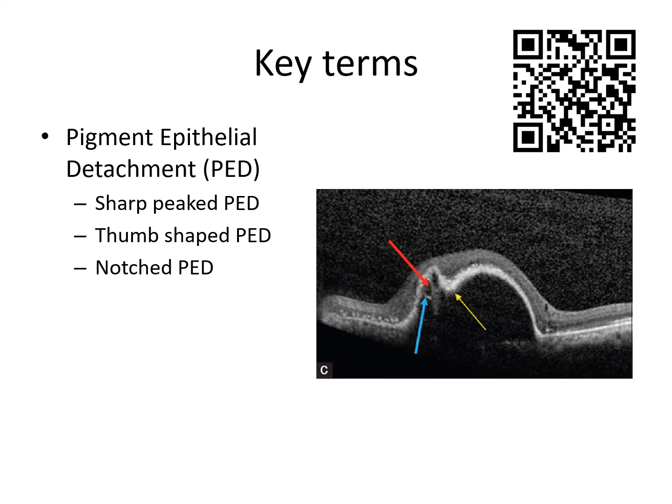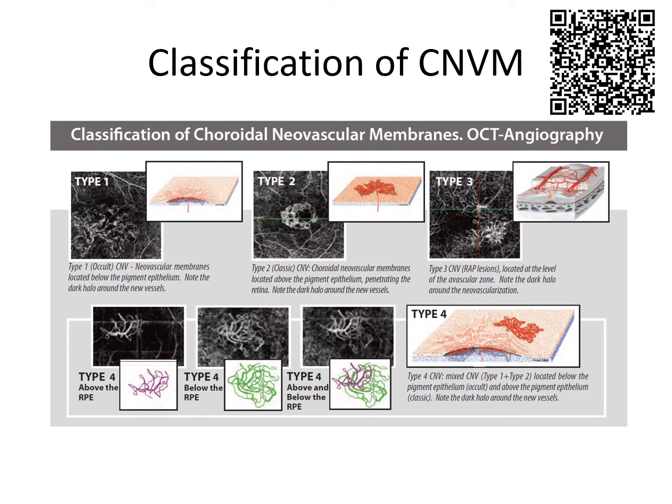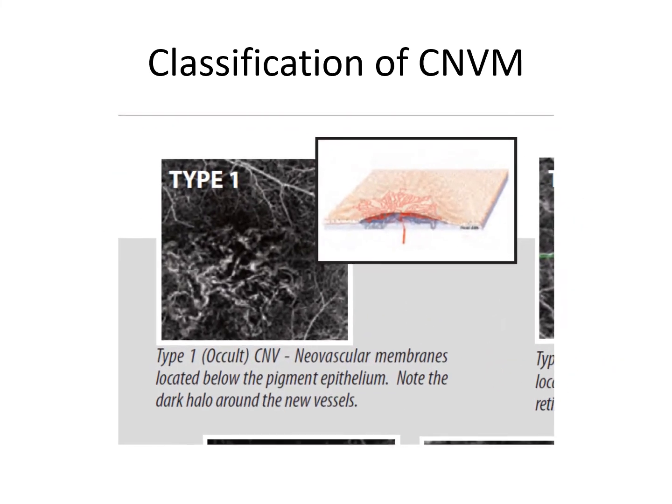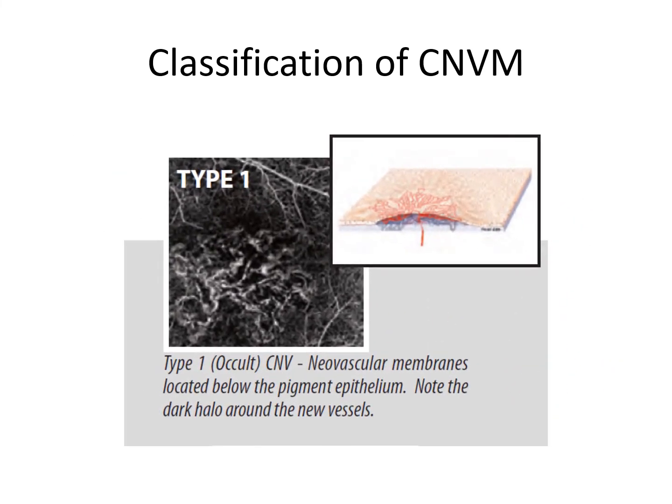Now, along with these keywords, we also have to understand the choroidal neovascular membranes and the classification. So we can have 4 types of choroidal neovascular membranes. The type 1 is basically the one which is hidden underneath the retinal pigment epithelium, and this would not be normally visible on fundus fluorescein angiography because it is hidden underneath the retinal pigment epithelium, which would be opaque for fluorescent dye and cannot be seen by FFA.